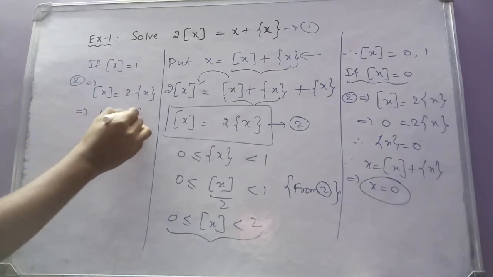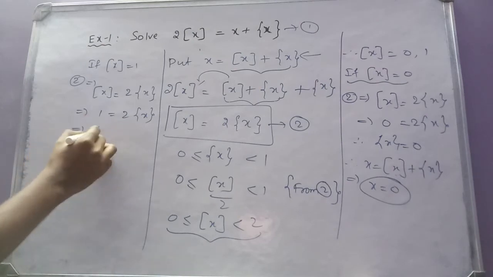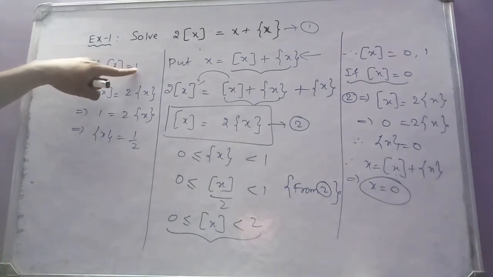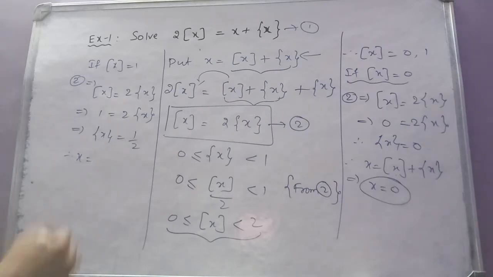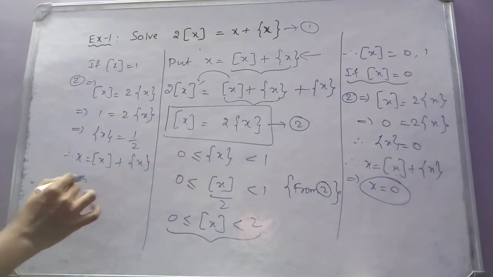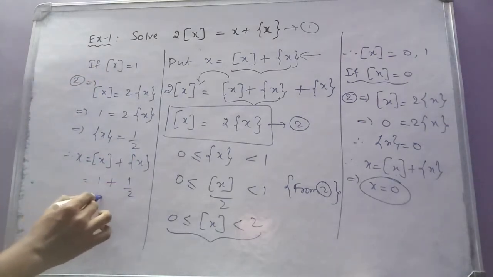So 1 is equal to 2 into fractional part of x. Divide by 2 on both sides, you'll get fractional part of x is equal to 1 by 2. So if floor of x is equal to 1, then fractional part of x is 1 by 2. And therefore what is x? Finally we should find the value of x. x is equal to floor of x plus fractional part of x. So floor of x is 1 plus fractional part is 1 by 2, we'll get 3 by 2.